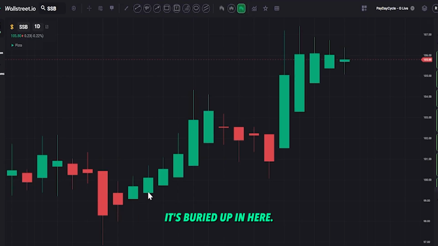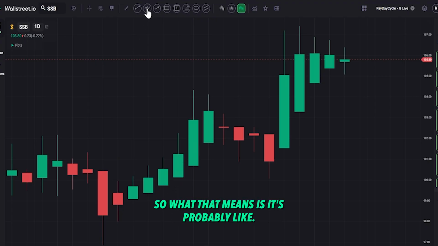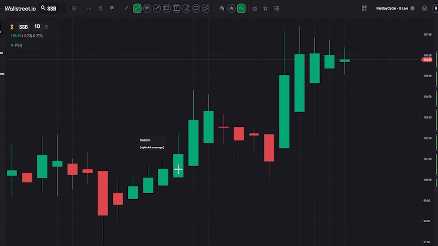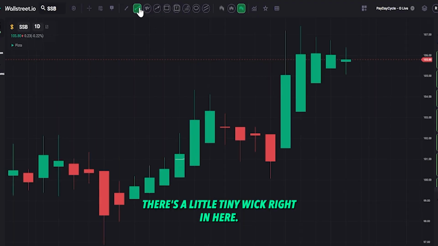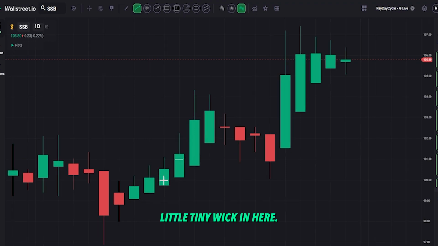It's buried up in here. There's some air in here. The wick is buried. So on this one, there's a little tiny wick right in here.